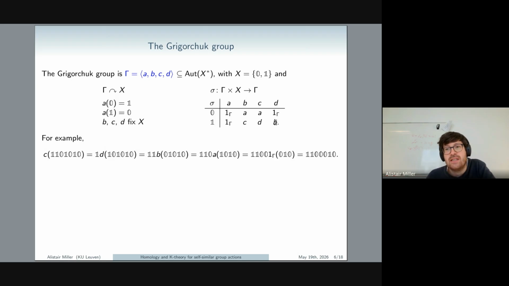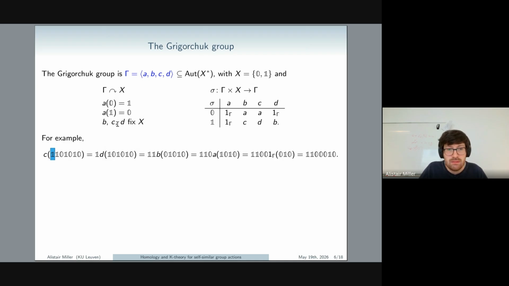I haven't actually given you the cocycle or the action on the entire group, right? But I want to convince you that I can actually generate a group here. I want to convince you that each of these A, B, C, and D actually does define an automorphism of this tree. So the point is that this data is all you need to define the map itself, because you start off with any generator, so C in my case, and any word, like this.